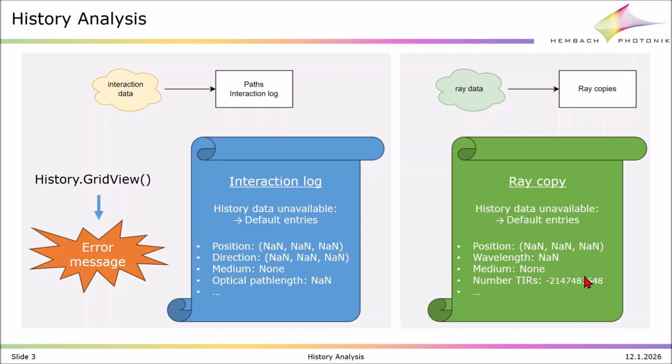These default values are not a number for floating type and vector type properties. They will be none for object type properties, and they will show a large negative number for integer type properties.